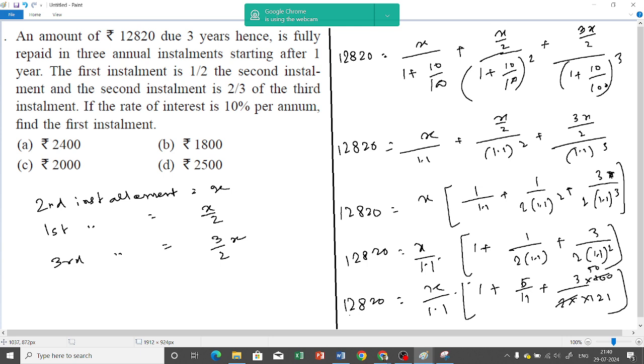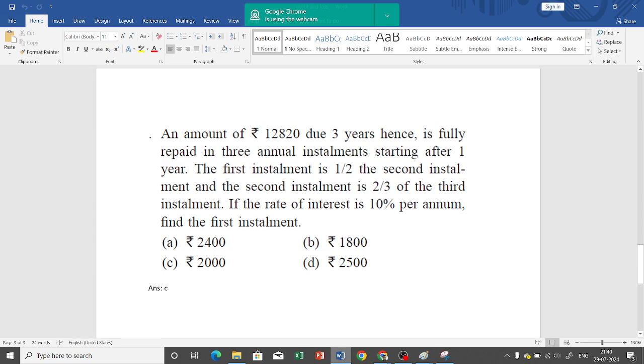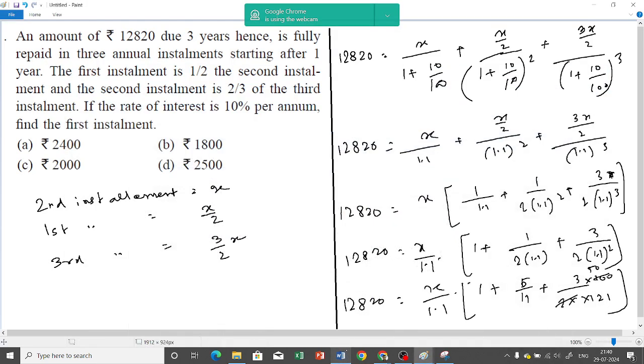So 2500 will it be? Actually, I am also getting a closer answer to that, but the answer is 2000. Good.